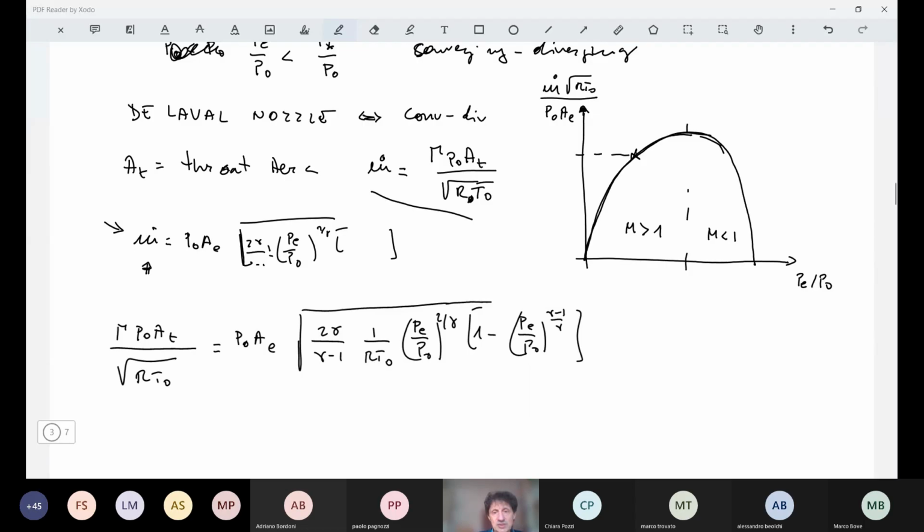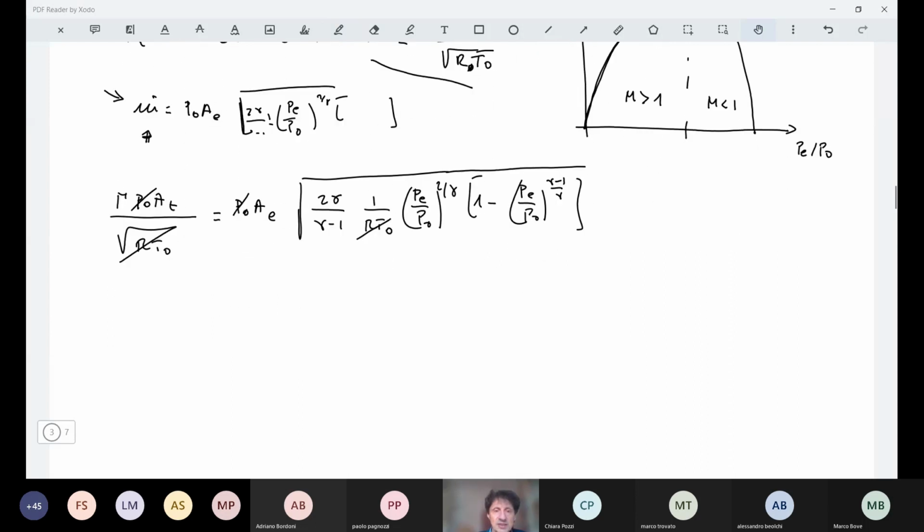So with this, what is represented in this plot can be identified by an equation that, simplifying P0, allows us to express the ratio of the exit area to the throat area which is needed to obtain a given value of P over P0.